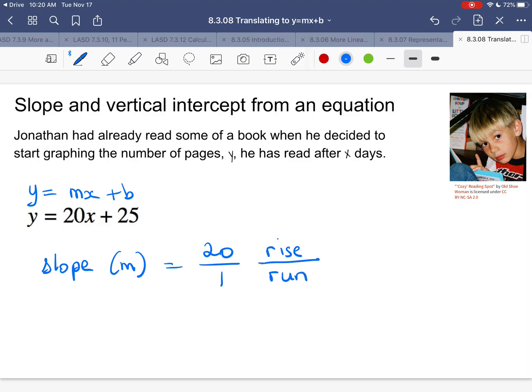So you'd run 1 to the right. And your y-intercept, or your vertical intercept, same thing, is represented by b, and that is 25, and the point for that would be (0, 25) on the y-axis.